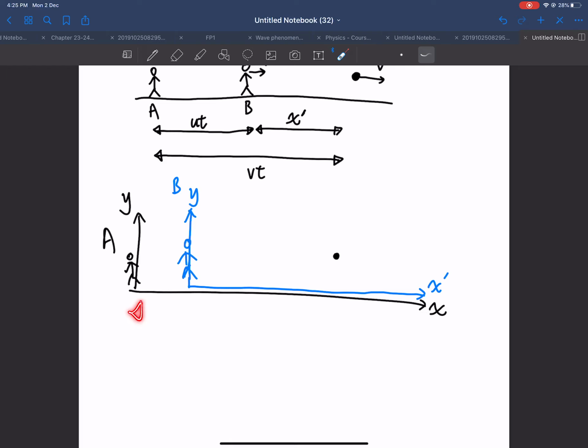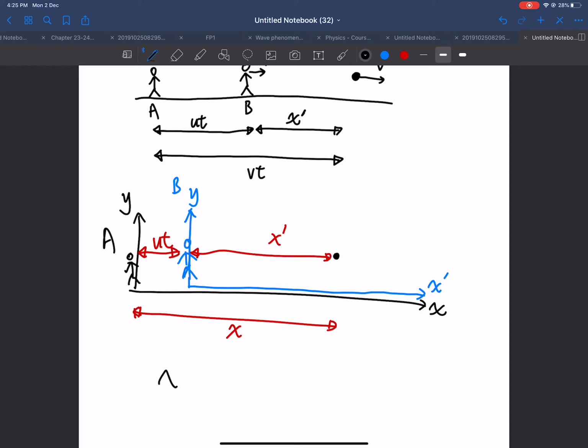The length from here to here is x. And the length here is u times t. So you get a very simple formula: x equals x prime plus ut.